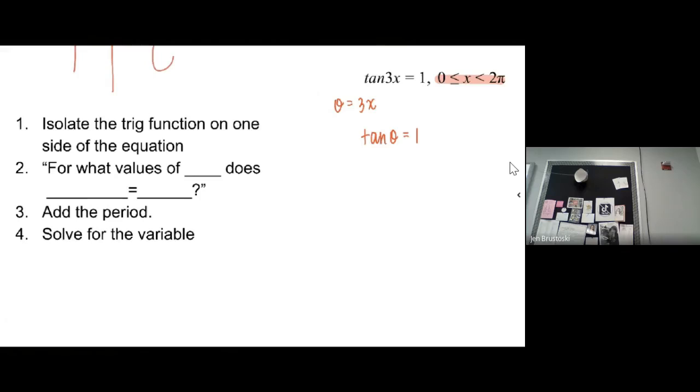Okay, so now we have isolated tangent of theta equals 1. So now I want to ask, for what values of theta does tangent of theta equal 1? Tangent, we have a positive 1. Tangent is positive in which two quadrants?